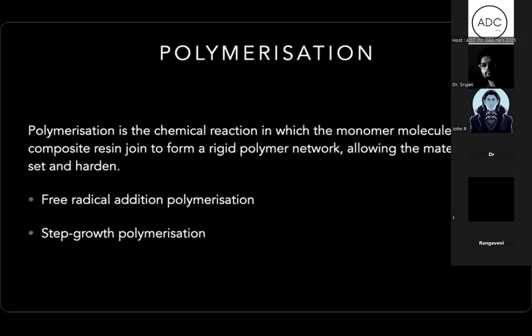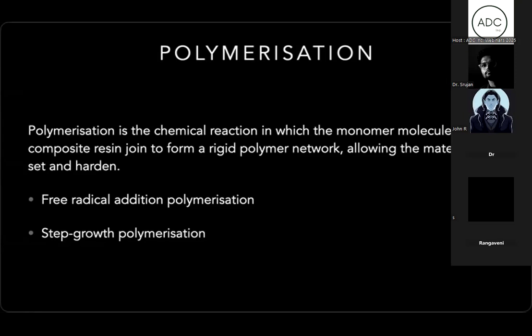Now, we all talk about curing, right? But let's understand what curing really is and how it happens. Curing or polymerization is the chemical reaction in which the monomer molecules in the composite resin join to form a rigid polymer network, allowing the material to set and harden. The soft composite that we have in our syringes is basically a group of monomer molecules together.